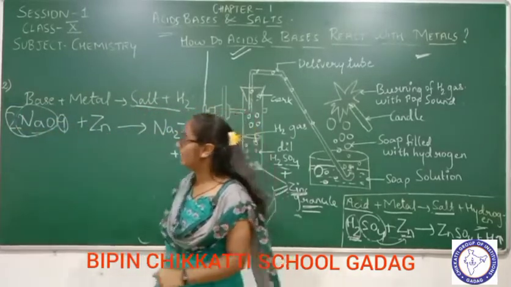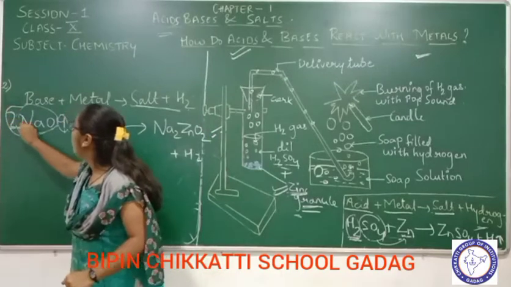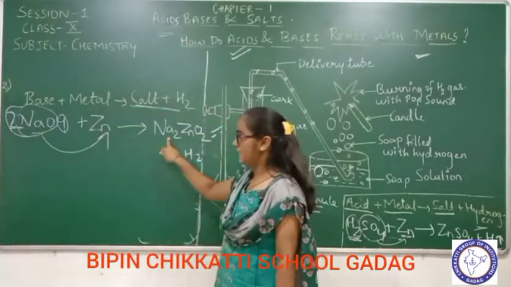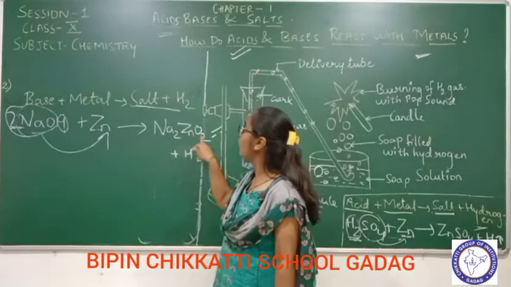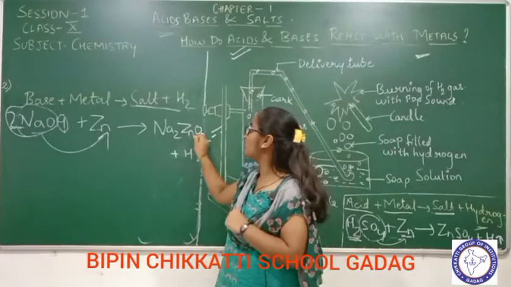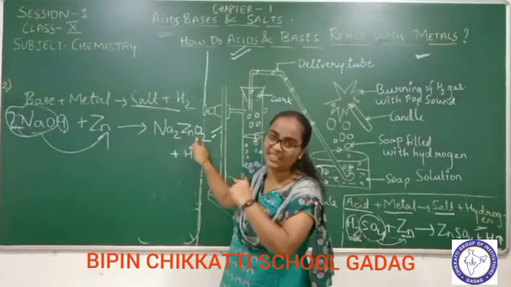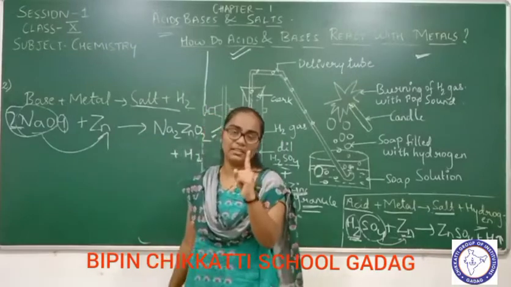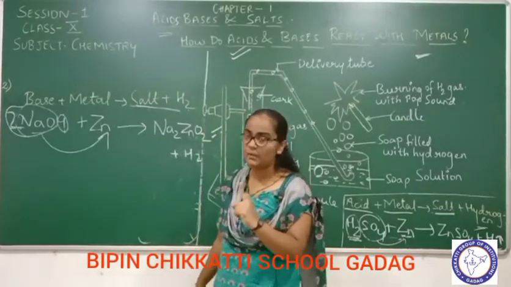I repeat once again, 2NaO will entirely react with this zinc to form Na2ZnO2. Why did I not write 2 for zinc? I cannot write 2 for zinc, because here I took only one zinc metal particle. Understanding my point, right?